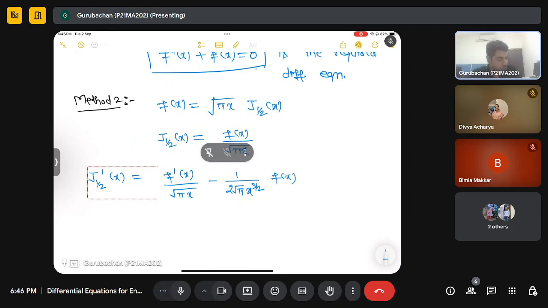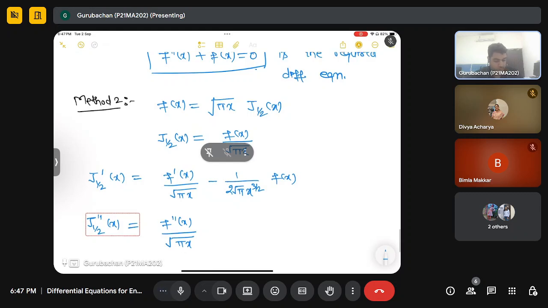This is our first derivative, J half dash. J half double dash will be f double dash x divided by root pi x, and the next will be, if you differentiate root x, you will get the similar quantity, and if you differentiate f, I can combine them: 1 by root pi x to the power 3 by 2 f dash x.